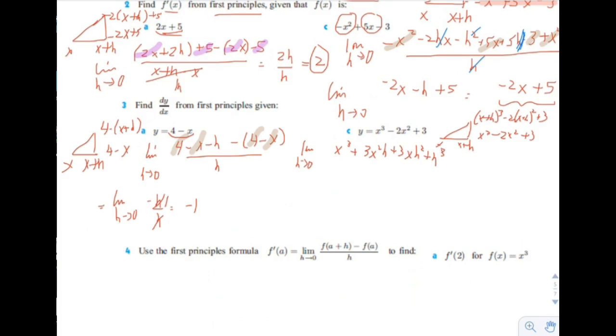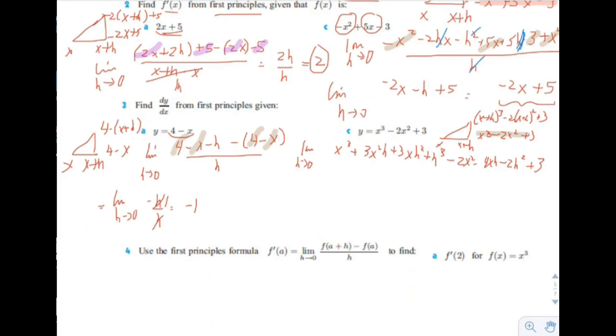And then we'd have minus 2x squared minus 4xh, no, minus 2h squared plus 3, and then I would subtract this other expression here.